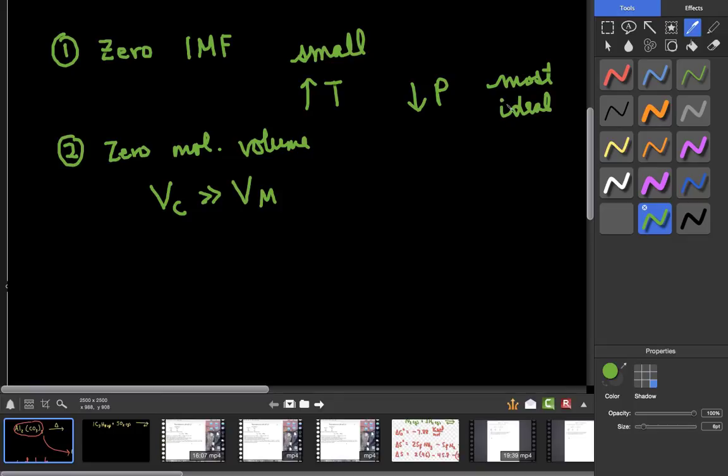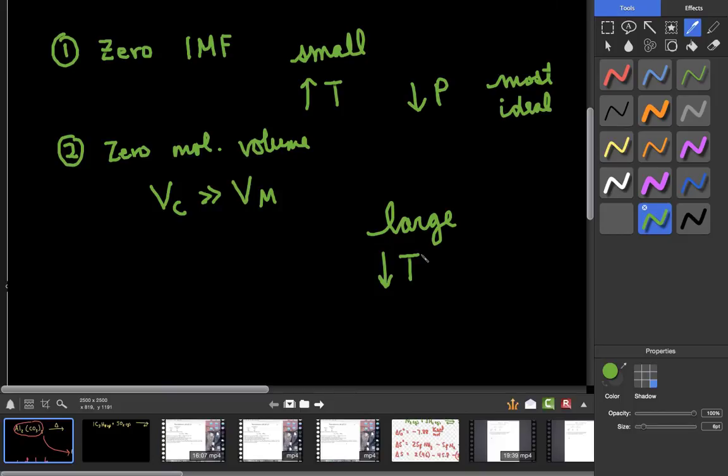So the question is asking, which will deviate the most from ideality? Something that's large will be polarizable, which means it'll have more IMF. That violates rule 1. If I have a low temperature, the molecules slow down enough so that IMFs become significant.